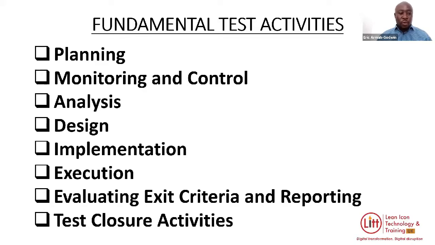So 1, 2, 3, 4, 5. 70% of testing activities, or test effort, let me put it that way, goes into the first 5 that we've got here. It means that less than 30% of testing effort goes into execution. So if anyone thinks that testing is all about execution, execution is a very minor part of testing.